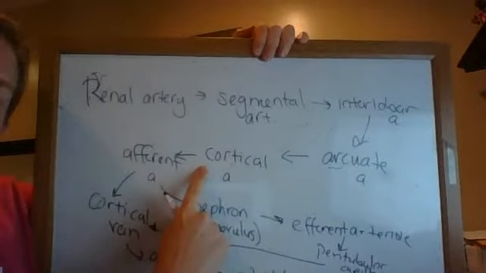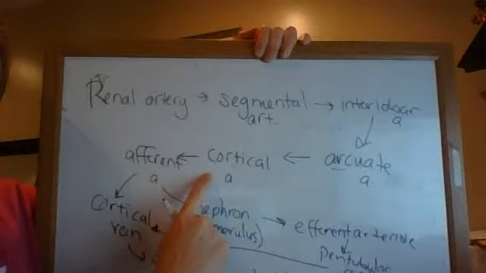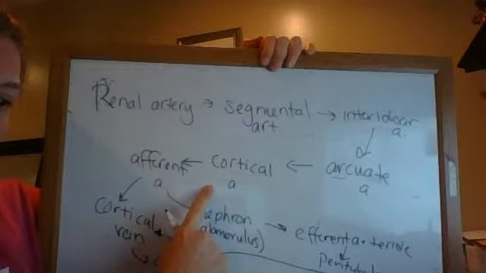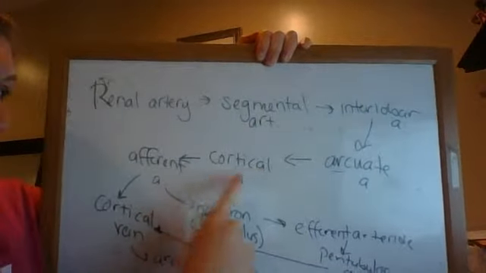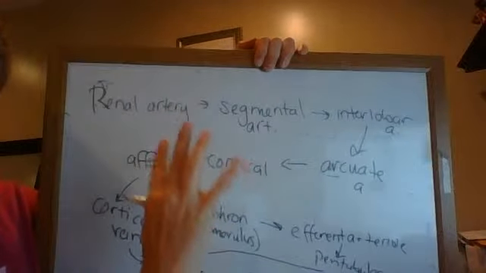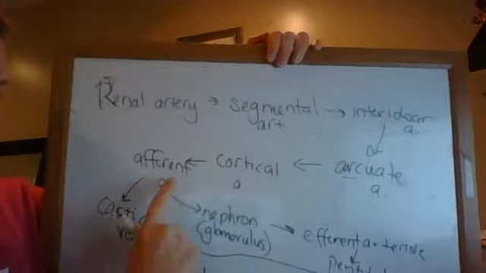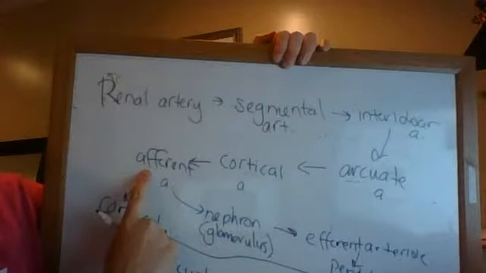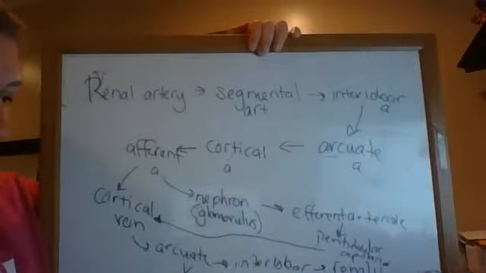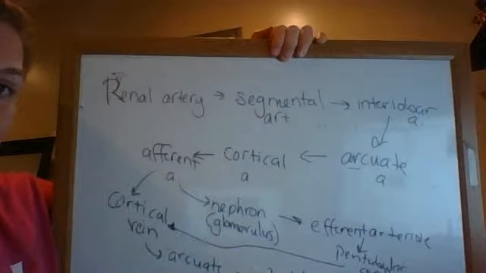Then you have the cortical arteries, sometimes called the cortical radiate arteries. These are the little guys that perforate out towards the renal capsule from the arcuate artery. They're almost like little rays of sunshine, or rays of arteries coming up. Those branch off into little afferent arterioles, which you cannot see on 949, but you can see on 951.